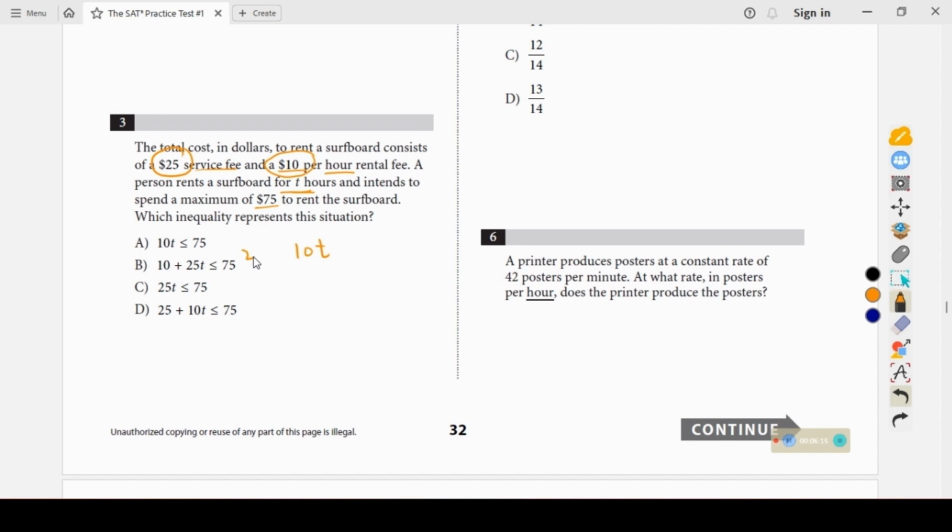So $25 is added to this amount, and the result will be less than or equal to $75 because we have a maximum spend of $75. So this is your right equation: 25 plus 10t less than or equal to 75. So D is the correct answer.